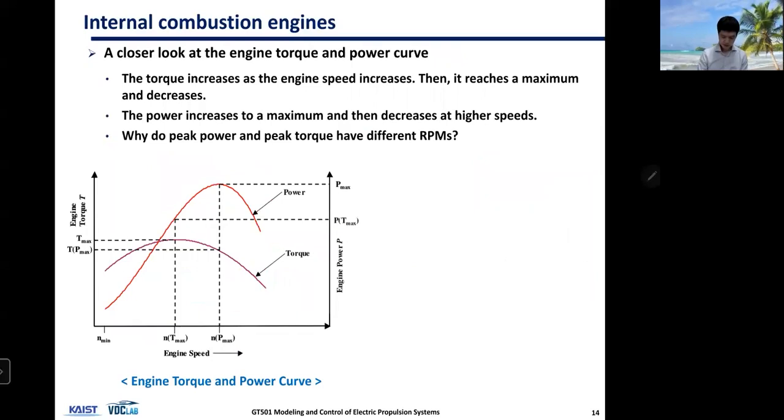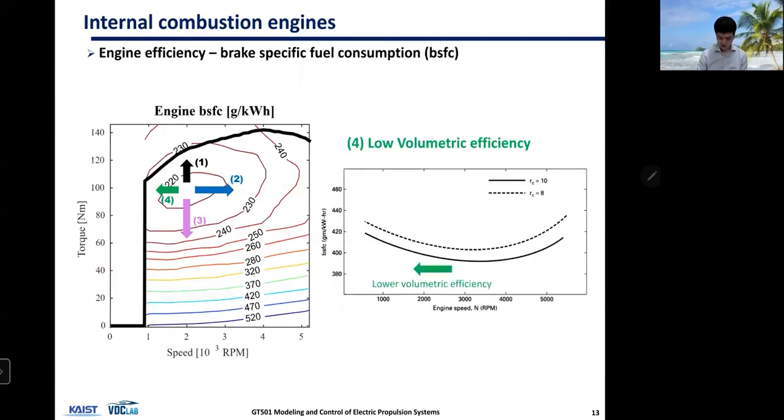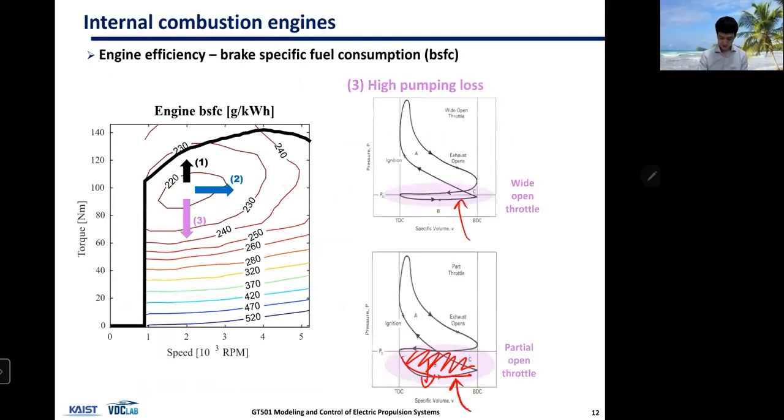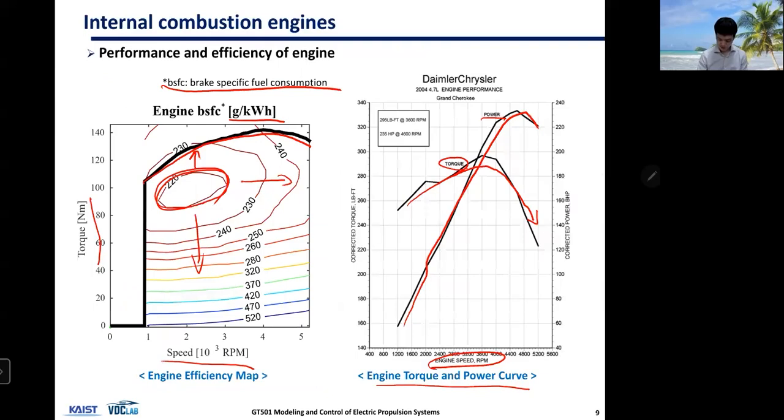So this is a quick representation of the engine torque and engine power curve. So as I told you, the torque curve is relatively flat, if you consider this range, so you're looking at 300 to say 220.